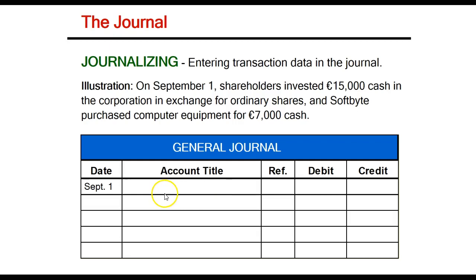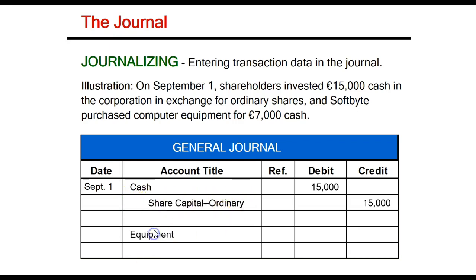So the first transaction is debit to cash because we received cash. Now you always record the debit first. Then you record the credit. The credit is share capital. All right. Notice you indent. You don't put it close to the line like you did with cash. You move in and record the credit.